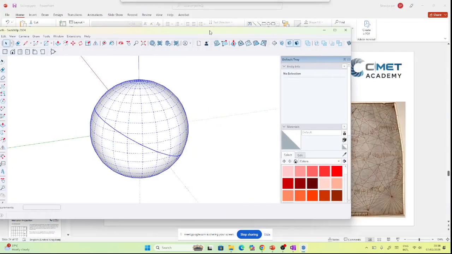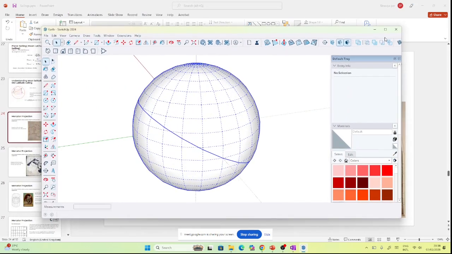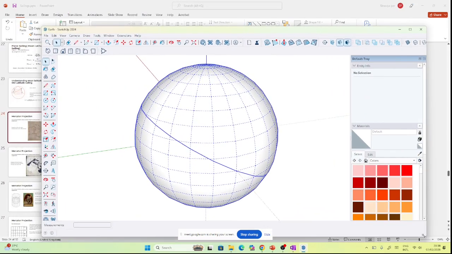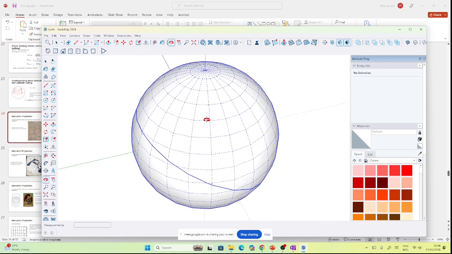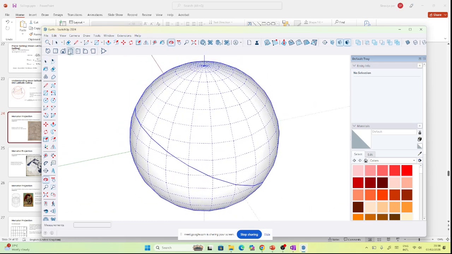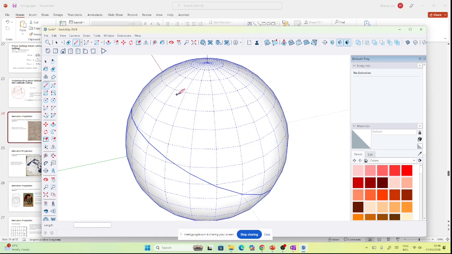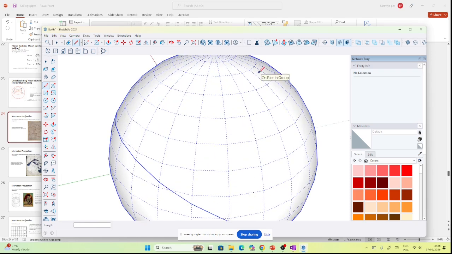Take this one. Okay, here you can see. Now let's assume you are moving from this point to this point. Okay, you're moving from this point to this point, right? Can you hear me, guys?